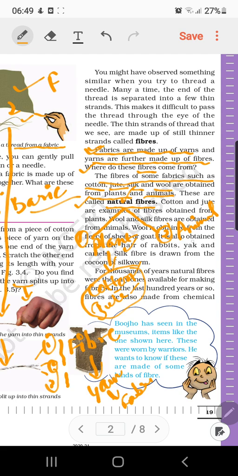Likewise for animal fiber, you can have the example of silk and wool. Silk and wool come from natural resources, that is animals, which are also natural, and these animal fibers make up the natural fibers, that is why they are categorized as natural fibers.